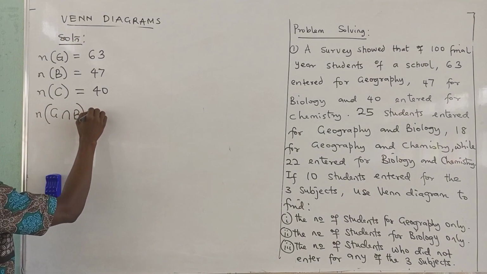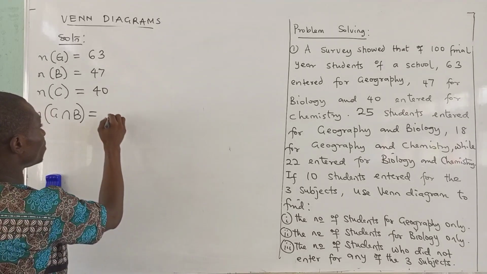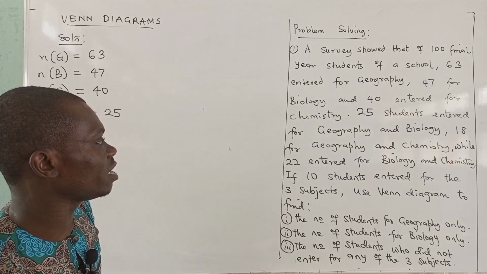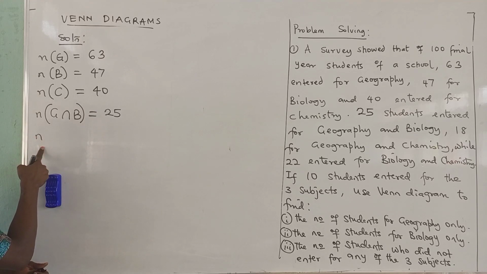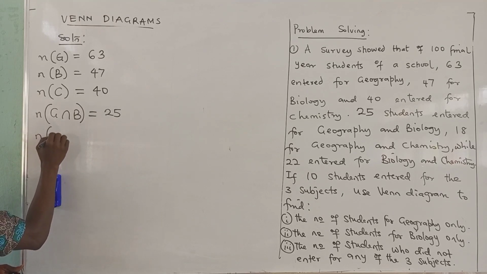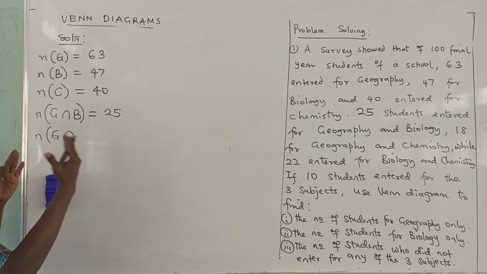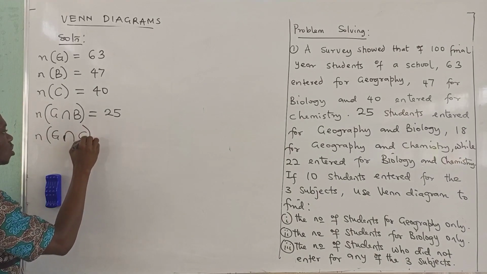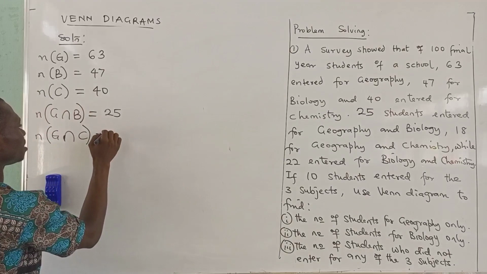That means the number of students that entered for both geography and biology is given as 25. And then what again? It says 18 for geography and chemistry. Remember, this n means cardinality. That means the number of students that entered for both geography and chemistry, G and C, is 18. Am I correct? Yes, 18.